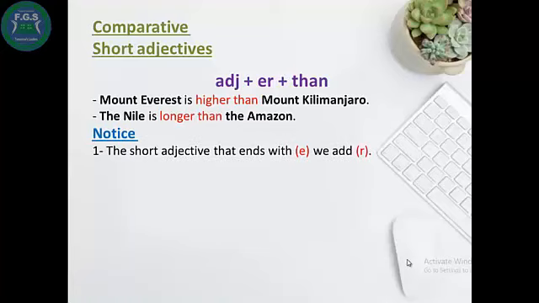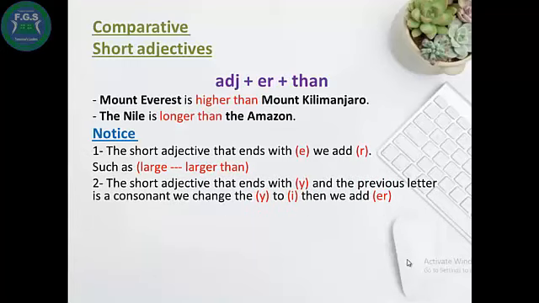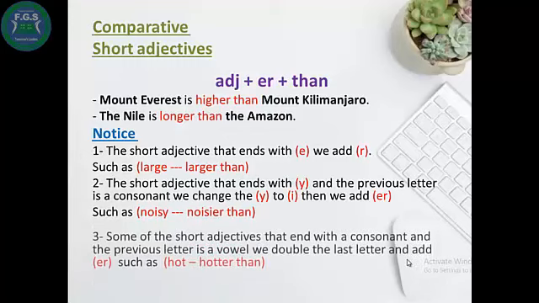Notice the short adjective that ends with e, we add r, such as large, larger than. The short adjective that ends with y and the previous letter is a consonant, we change the y to i, then we add er, such as noisy, noisier than.